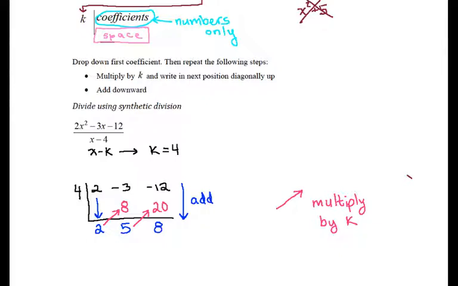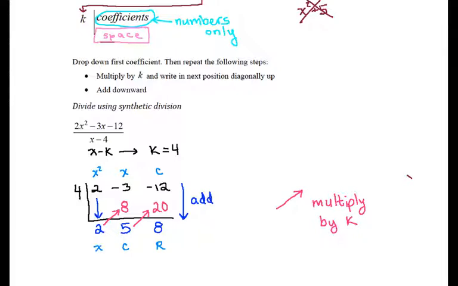Now here is how I read off my results. That 2 belonged to x squared, that negative 3 belonged to x, and that negative 12 was my constant term. When I read off my answer, everything is shifted over 1, by which I mean that 8 is my remainder r, that 5 now becomes my constant term, and 2 becomes the coefficient of x.